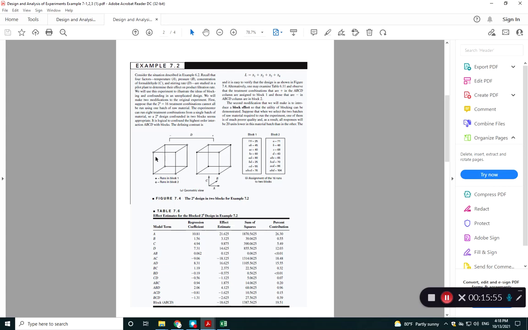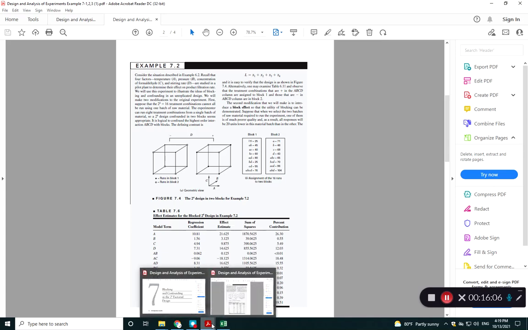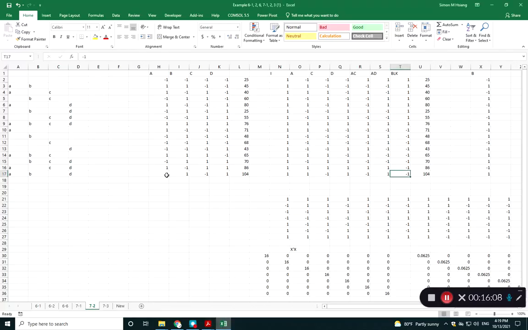And the 16 I separate into 2 blocks, okay? If I separate it into 2 blocks, can I use A as the separation and say A positive in 1 block, A negative in 1 block? Can I do that?